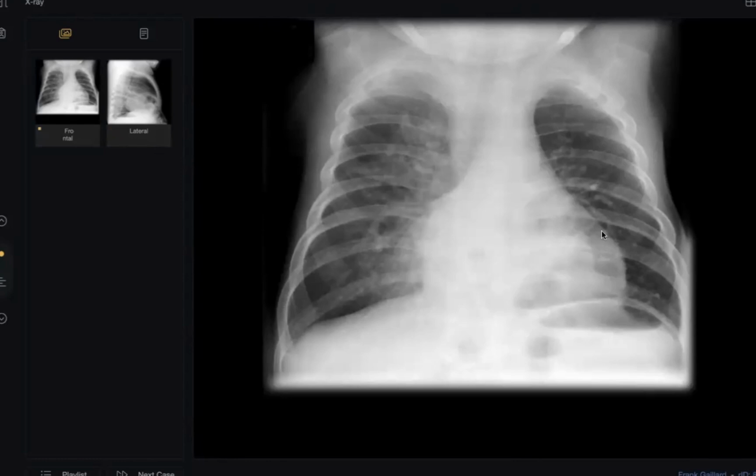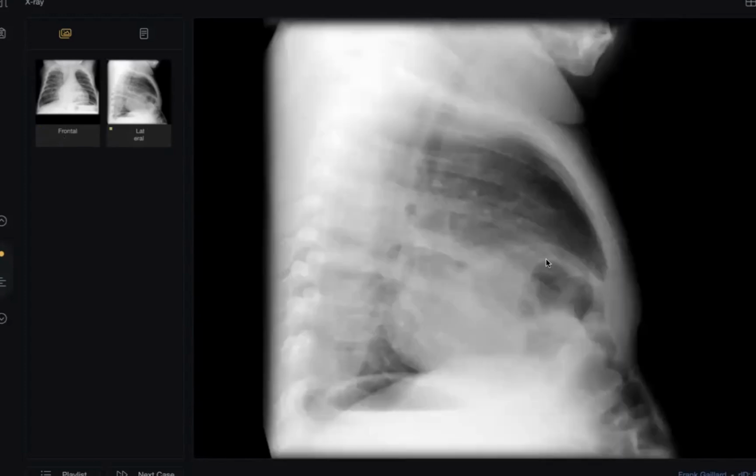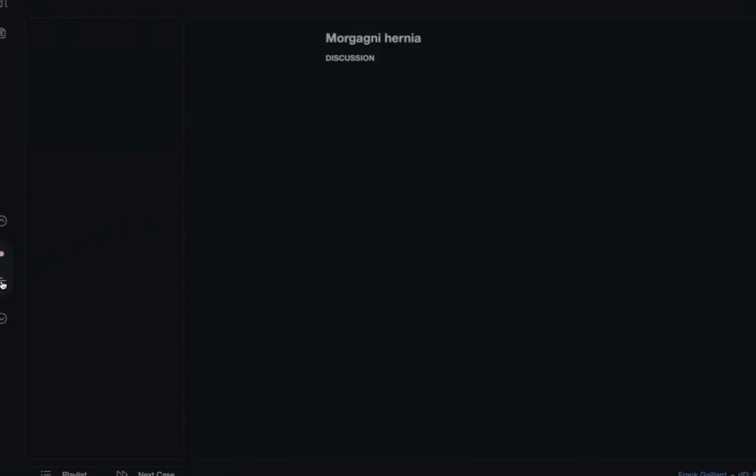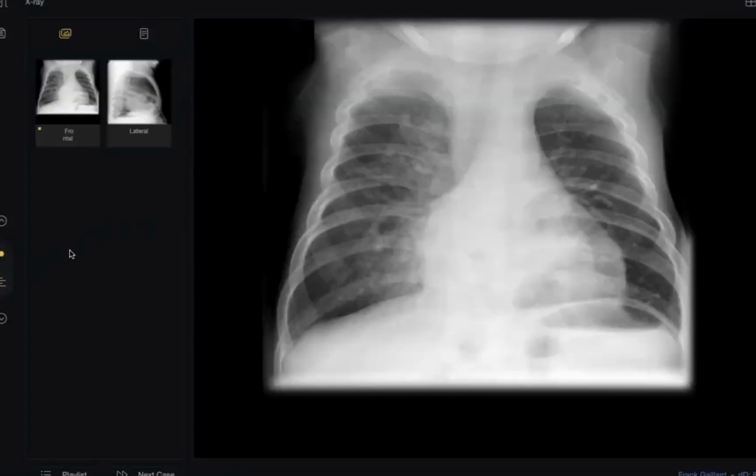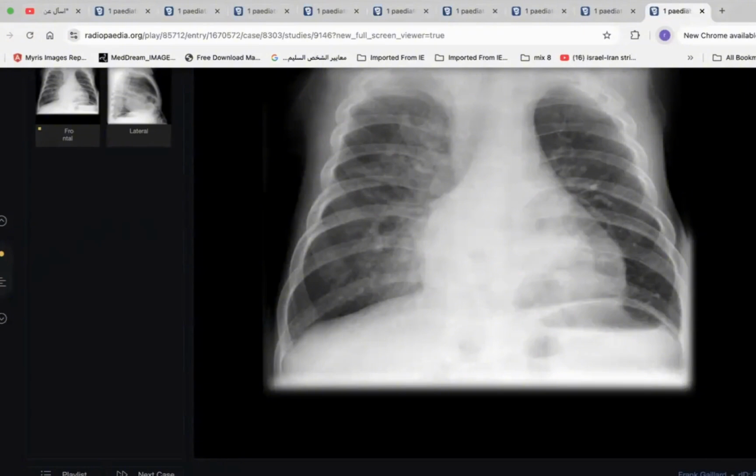Sir, on the frontal view, it seems on the left side of the spine. In the frontal it looks like left, and since this is anterior, is it Morgagni or Bochdalek? Sir, it's Morgagni. A small Morgagni hernia without any complication. Thank you so much.